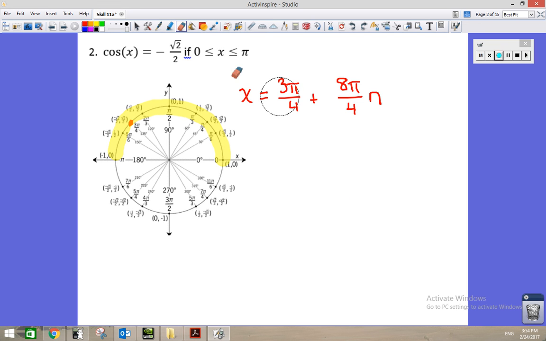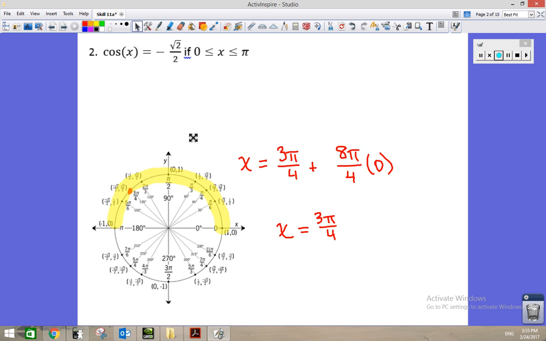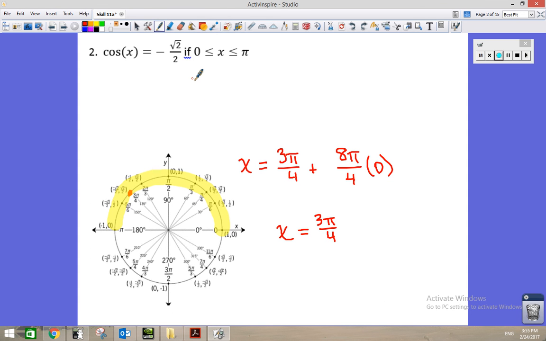So if I let n equal 0, if I replace n with 0, I get the solution that they want, 3 pi over 4. Because remember, for comparison purposes, we can rewrite 0 as 0 pi divided by 4.